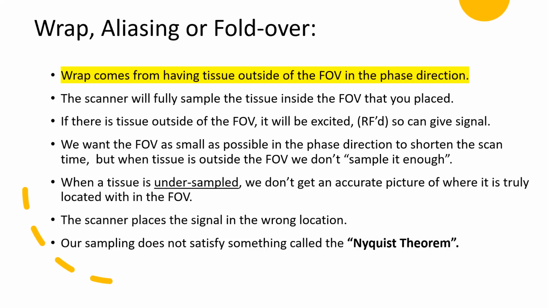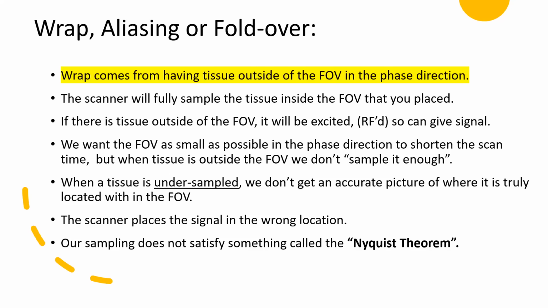So wrap comes from having tissue outside the field of view in the phase direction. The scanner will fully sample the tissue inside the field of view. You put your little box up there over your brain, and it's going to sample everything in that field of view very nicely.